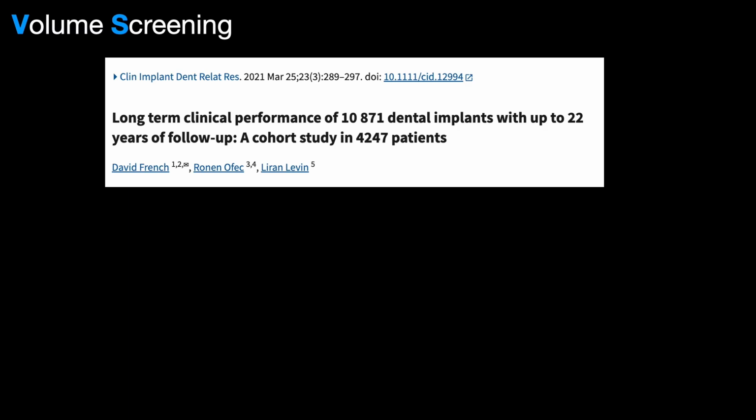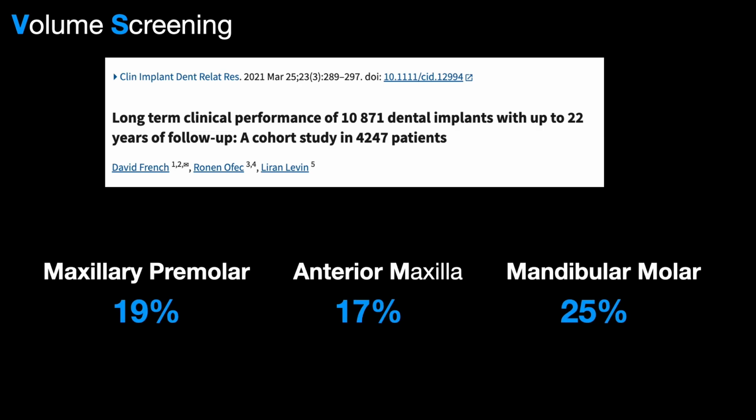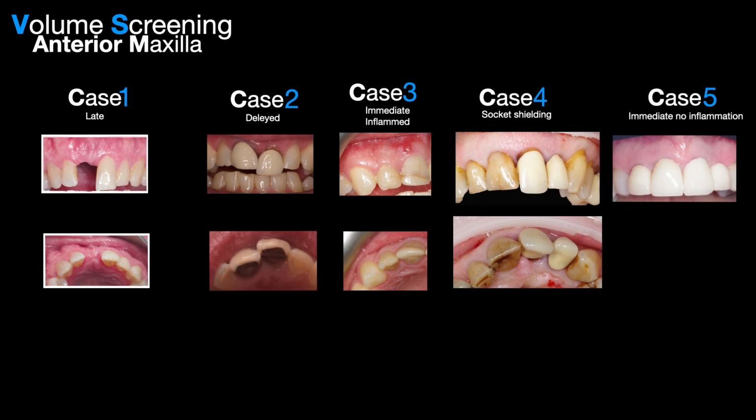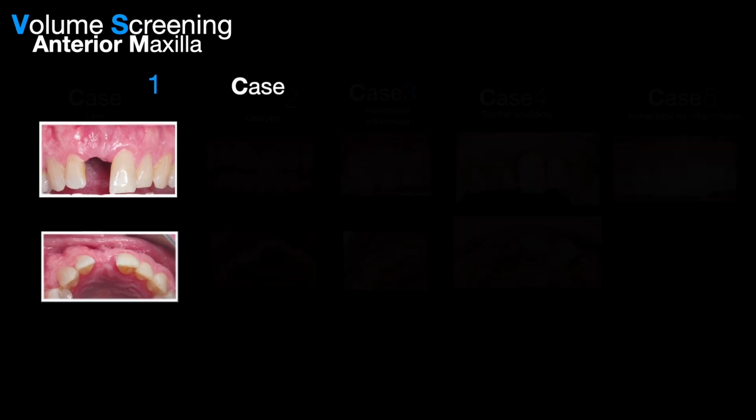The chosen cases were based on clinical performance data, where we've seen that maxillary premolars, anterior maxilla, and mandibular molars are the most commonly placed implants. Starting from anterior maxilla, we got 5 cases. We've got late, delayed, immediate inflamed socket shielding, and immediate no inflammation.